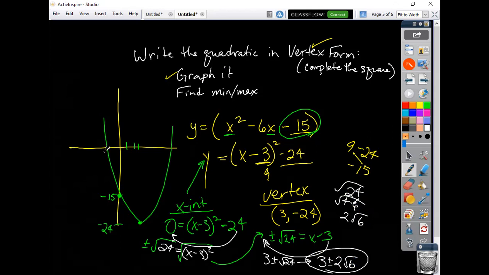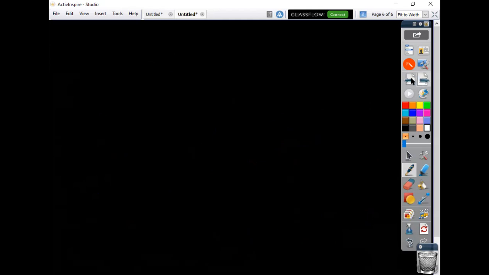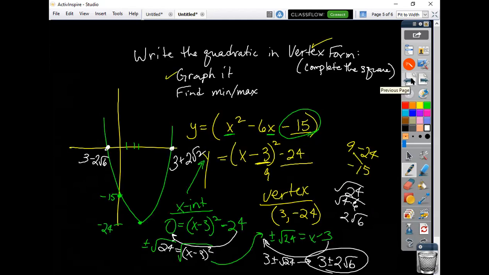So on the left would be the negative, the minus, so 3 minus 2 square root of 6. And the one further to the right would be the bigger one, which would be when you're adding. And those could be decimal approximations as well. So I think that finds all the key points on the graph, and that should wrap up lesson 2-5.